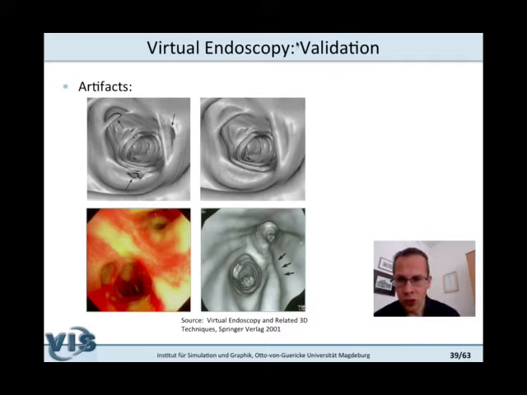Yeah. So where are some artifacts? Here again, I've used this important pioneering work from 2001, and they discussed artifacts in different types of virtual endoscopy. Yeah, they showed with errors what could happen. I think this is probably a problem related to the segmentation.